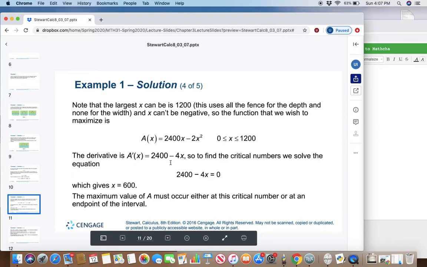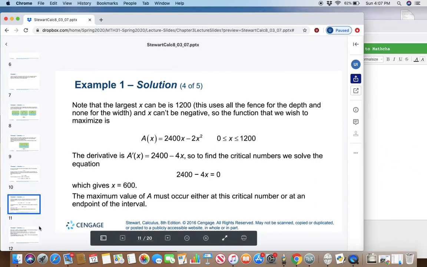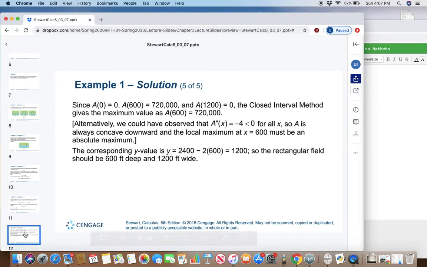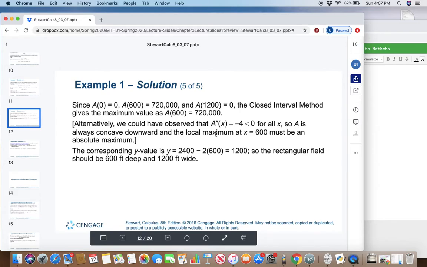The second derivative will be negative 4. You understand what negative 4 means? Second derivative is negative, means you are concave down. Therefore, concave down means you get a maximum at that critical number. So x equals 600 is going to give you the absolute maximum.